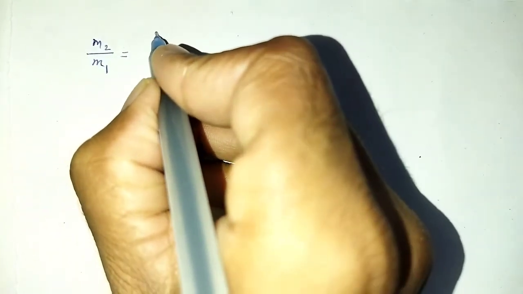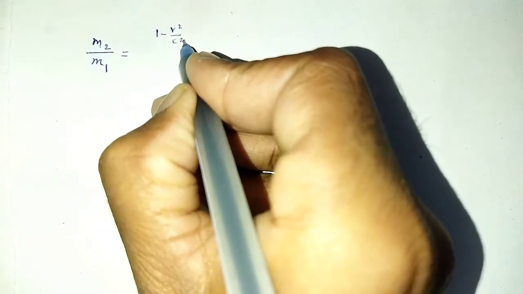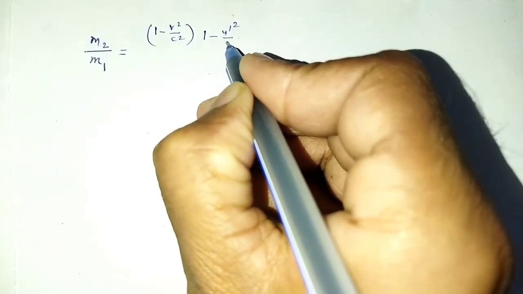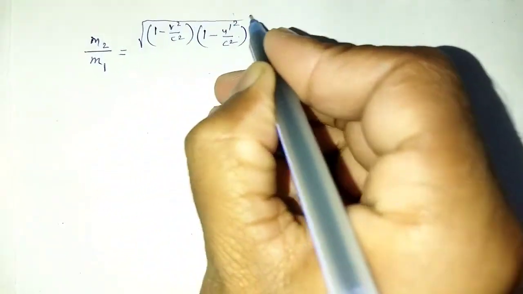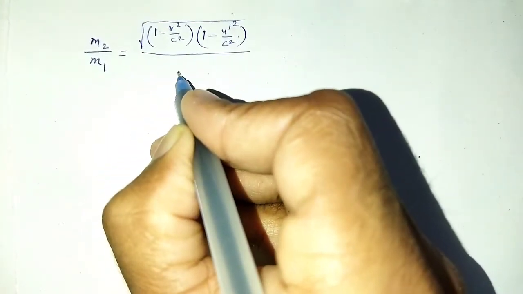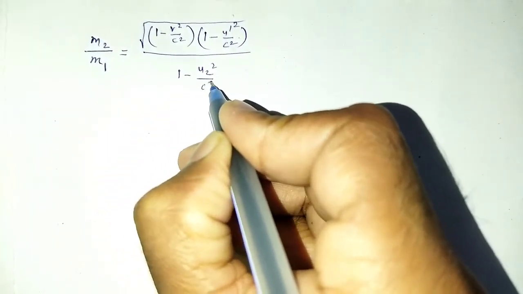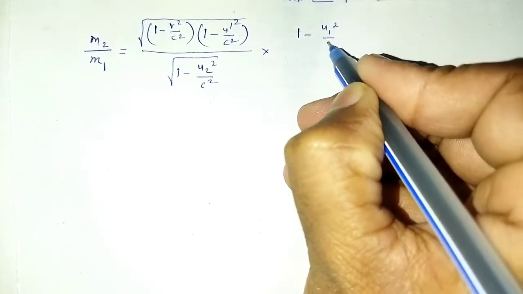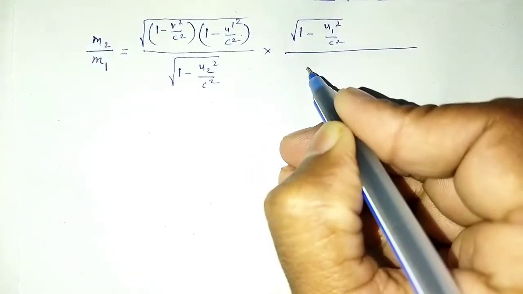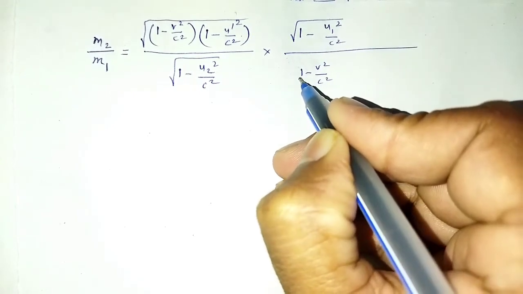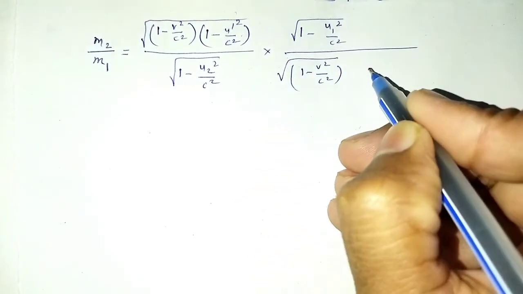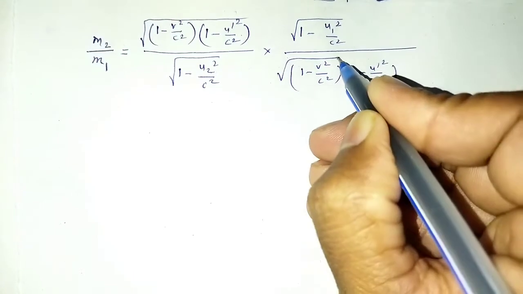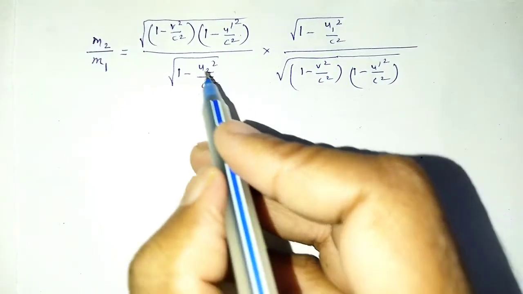Putting its values: square root of 1 minus v square by c square into 1 minus u dash square divided by c square, divided by square root of 1 minus u2 square by c square, into square root of 1 minus u1 square by c square divided by square root of 1 minus v square by c square, square root of 1 minus u dash square by c square.